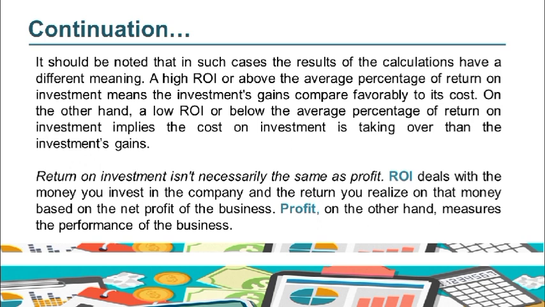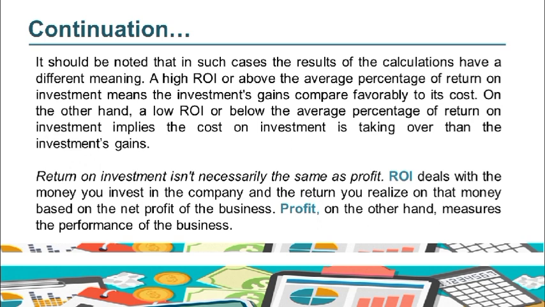A high ROI, or above the average percentage of return on investment, means the investment's gains compare favorably to its cost. On the other hand, a low ROI, or below the average percentage of return on investment, implies the cost of investment is taking over the investment's gains.